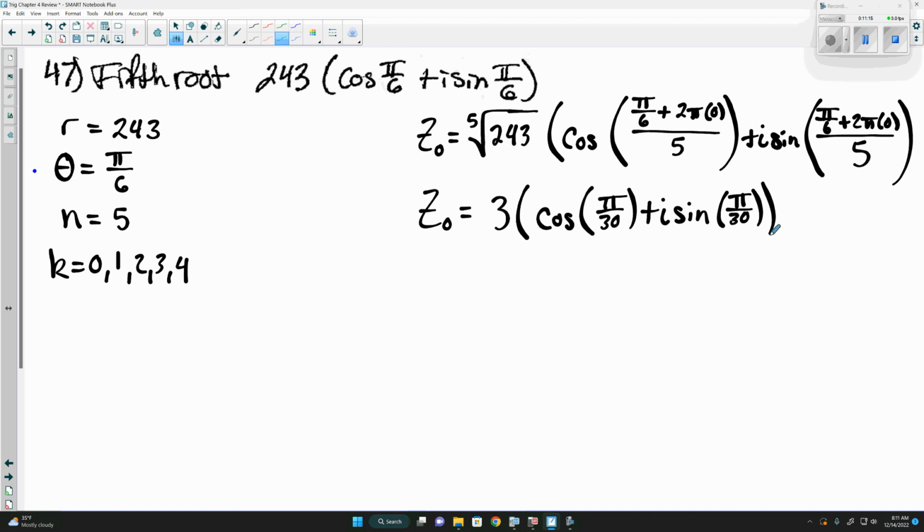Now, what's going to change to the next root? Well, this 0 is just going to become 1, yes? That's the only real difference. So, for z1, I know I'm still going to have 3 cosine.